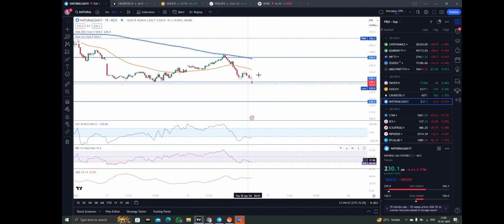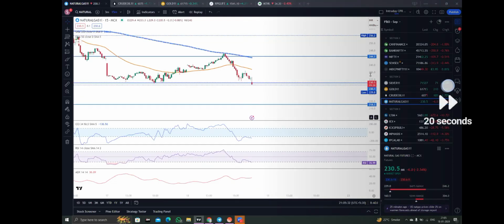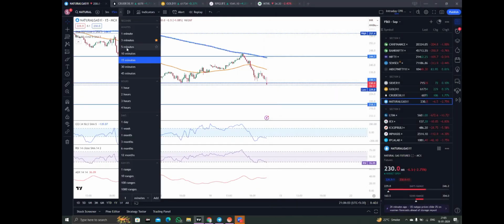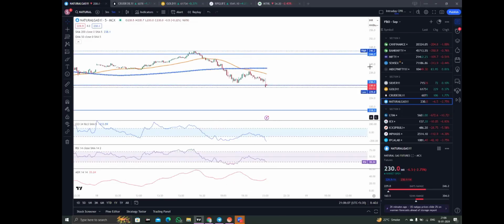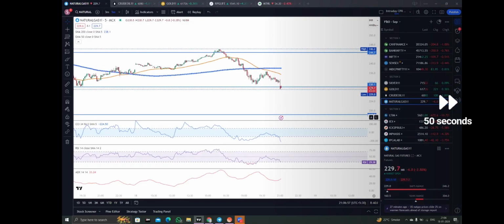I would not have taken a trade because I prefer taking a trade in 15 minutes. The RSI was very far from 50, which I noticed when I moved to the 5 minutes time frame. See, why I don't trade in 5 minutes is that the data is way too fractional.